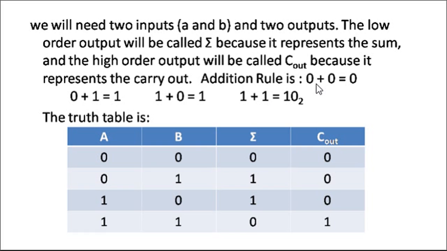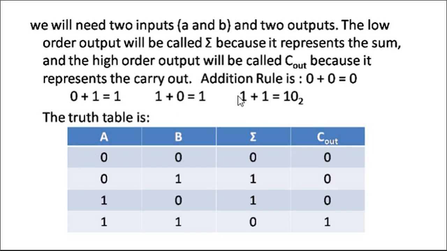Addition rule: in binary addition, if you add 0 plus 0, the sum is 0. If it is not written, by default the carry is again 0. 0 plus 1 is 1. 1 plus 0 is 1.